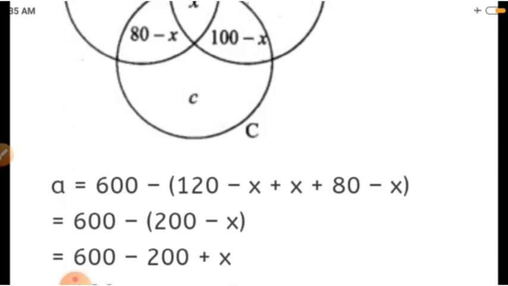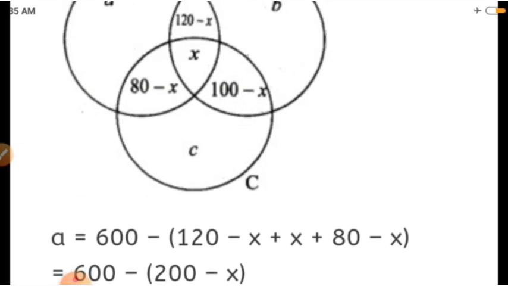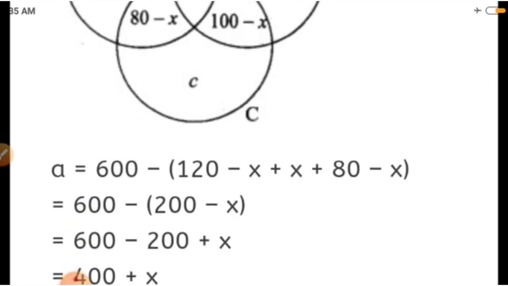Then A is equal to 600 minus 120 minus x plus 80 minus x. That is equal to 600 minus of 120 plus 80, 200, minus, plus x, minus x cancel, remaining plus x.